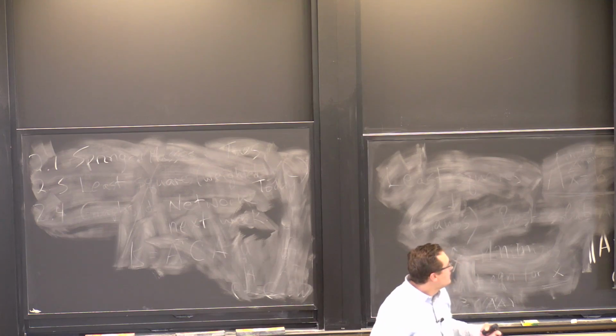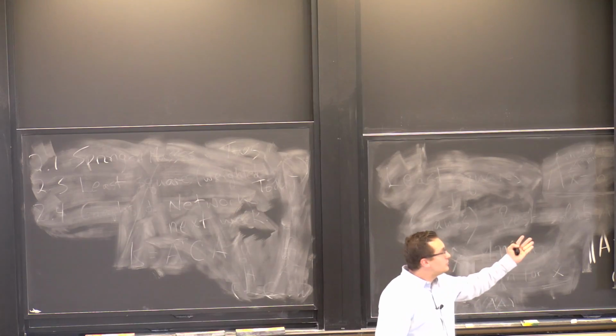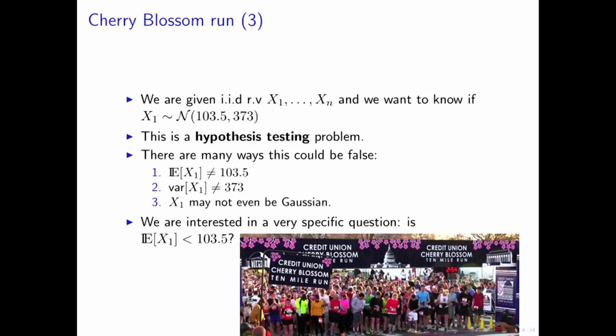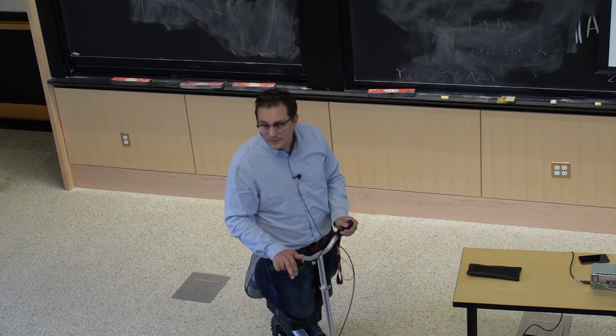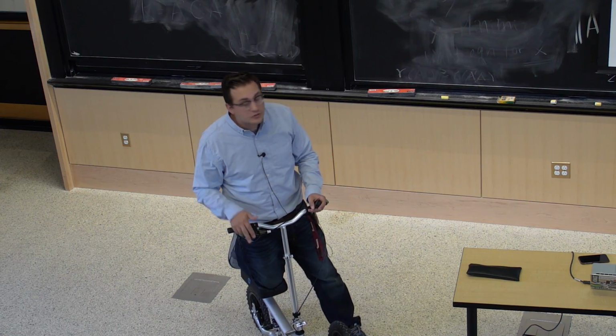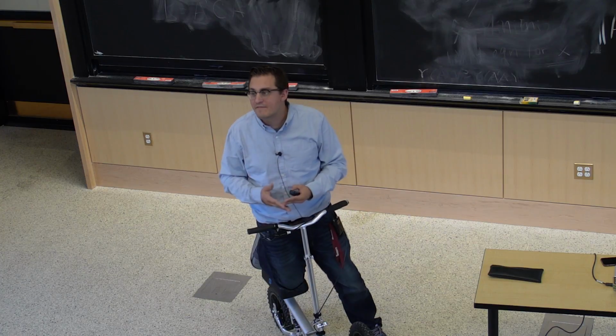And so this is the question we're asking: is the expectation now less than 103.5? Because you specifically asked whether runners were going faster this year. They tend to go faster rather than slower. So this is the question we're asking in mathematical terms. Of course, when I did that, I need to basically fix the rest.